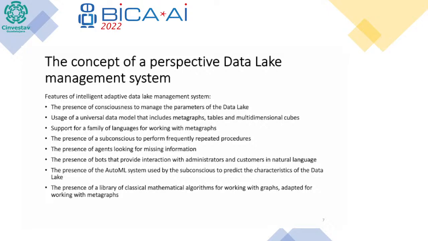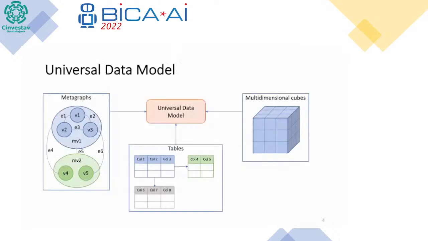The presence of a subconsciousness mind to perform frequently repeated procedures, the presence of agents looking for information missing in the data lake in external sources, bots that provide interaction with the administrator and customers in natural language, an AutoML system used by the subconsciousness to predict characteristics of the data lake, and a library of classical mathematical algorithms for working with graphs adapted for working with metagraphs. So in the second part of my presentation, I will tell you about the universal data model.